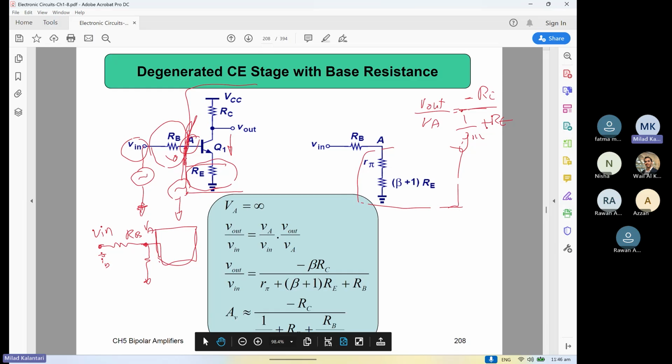And then now it is easy. You can just calculate the voltage divider between these three resistors. So VA is just the calculation for this voltage divider, and once you find it, you put it to here.